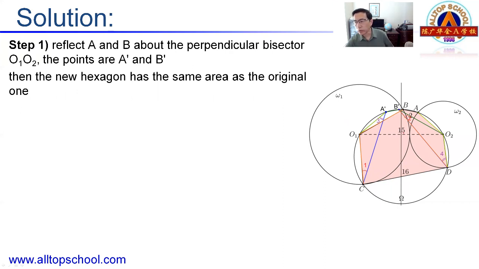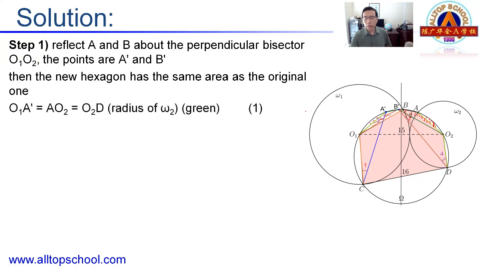Think about the original: this part is now the same as this part, and you remove that from the whole circle. And also, the outside part of B prime O2 is the same as B O1 earlier, because they are symmetric. So that's why the new hexagon area will be the same as the original one, based on the symmetry.